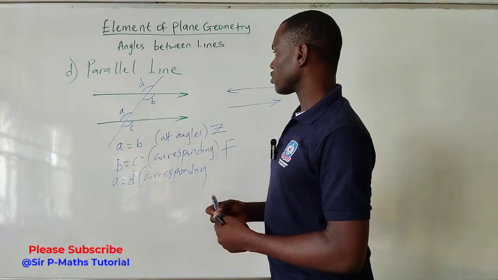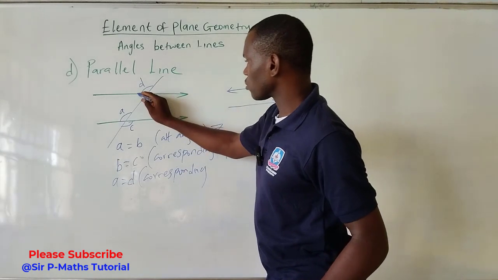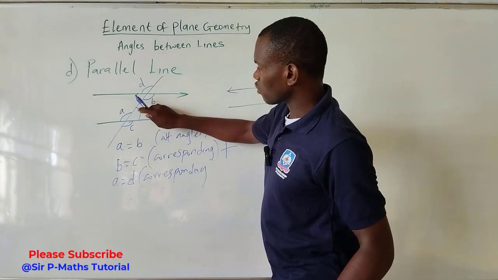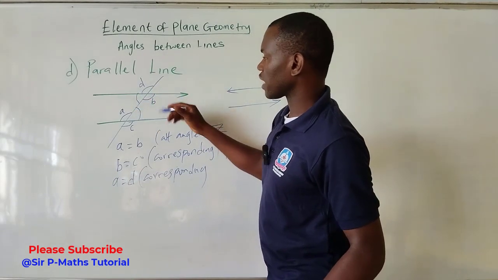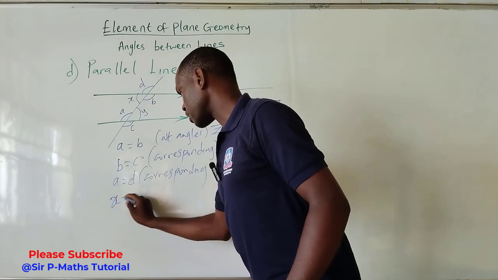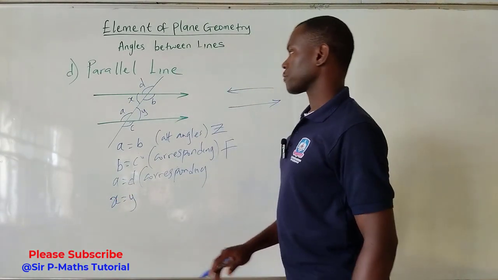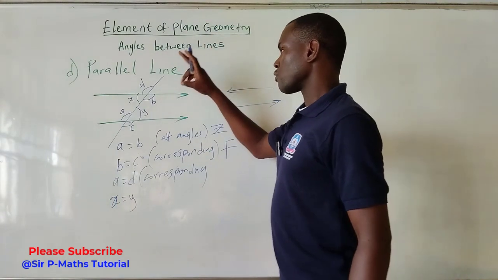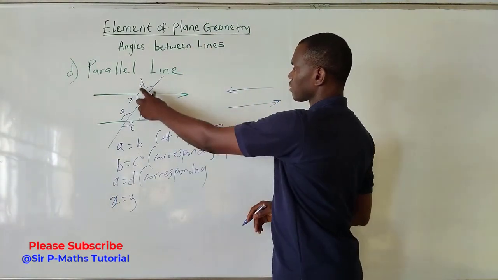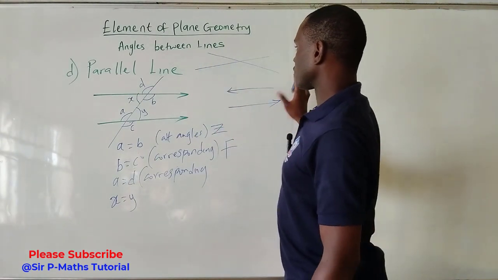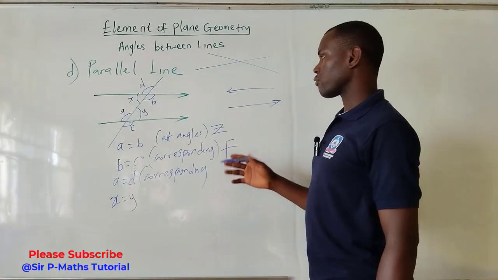All right, so let's look at another alternate angle we can generate. Look at here. Here and here are alternate because both of them are inside and on different sides. So call here x and call here y. We said that x is equal to y. Now, do you also know that we can obtain vertically opposite angles on parallel lines? Remember what I told you, anytime two lines intersect, vertically opposite angles are formed.